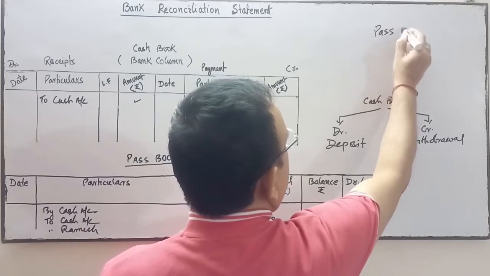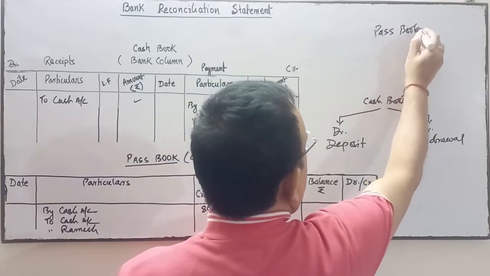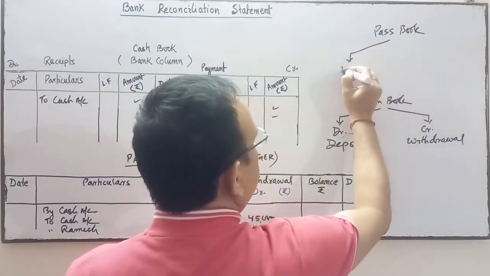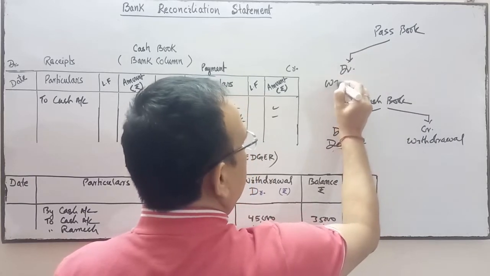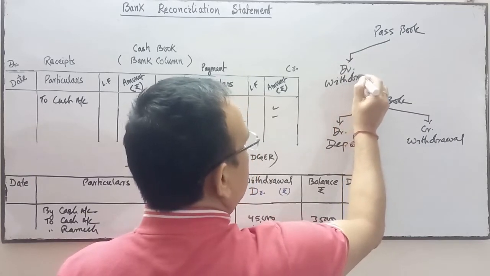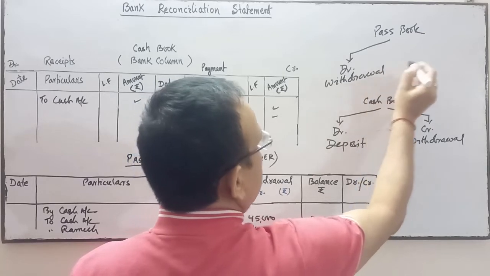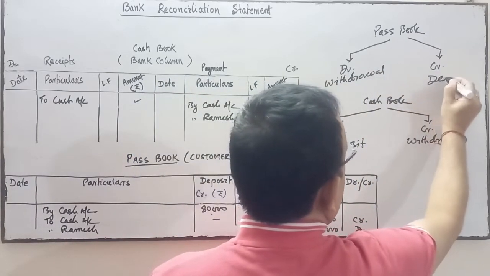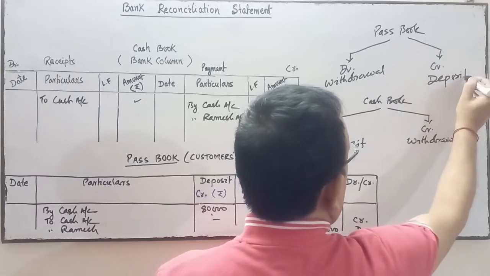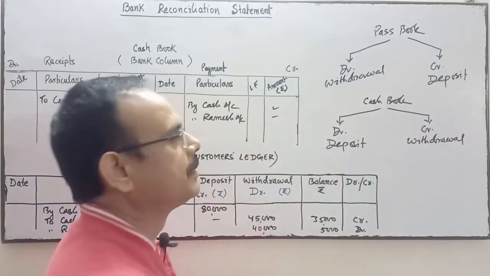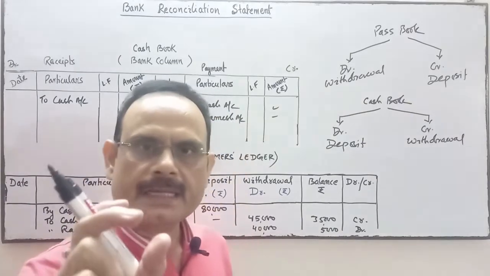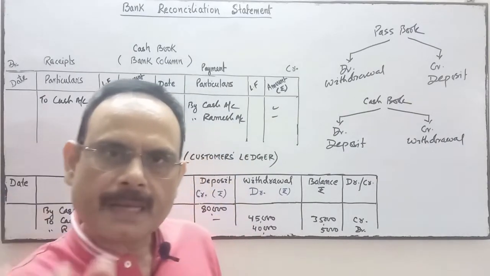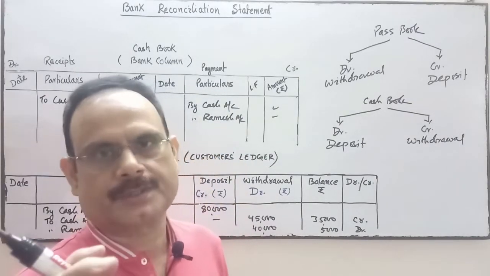In the passbook, debit is withdrawal, when the money is withdrawn, and credit is deposit, just the opposite side. So the bank balance as per cash book and the bank balance as per passbook must match.